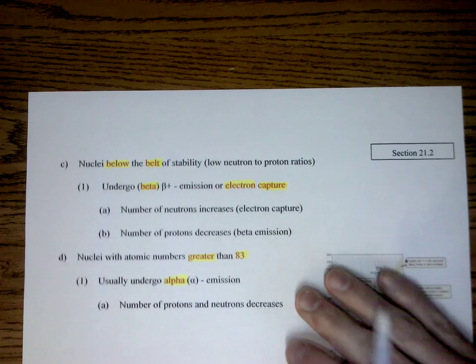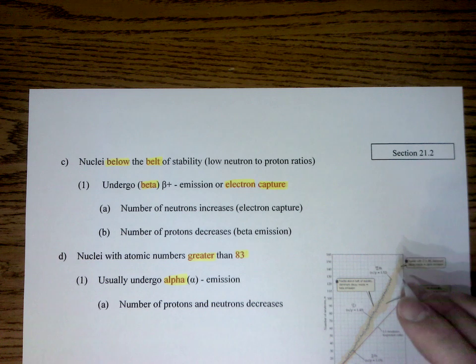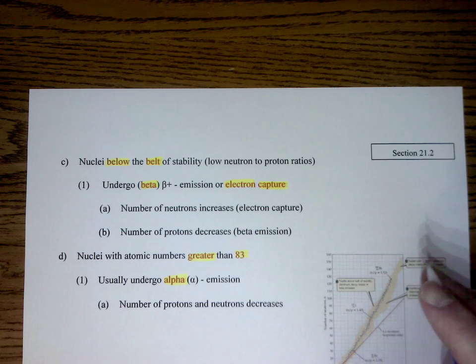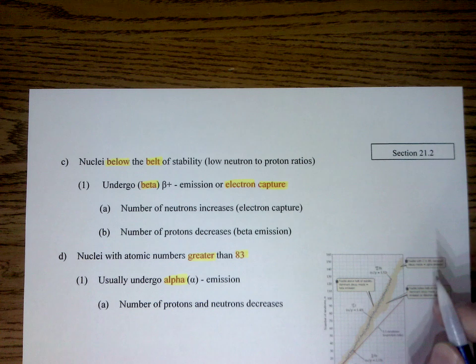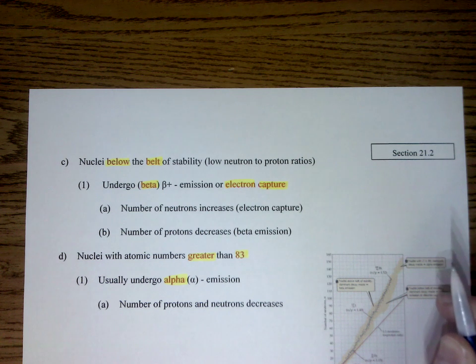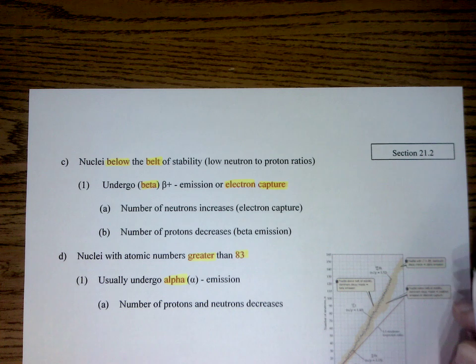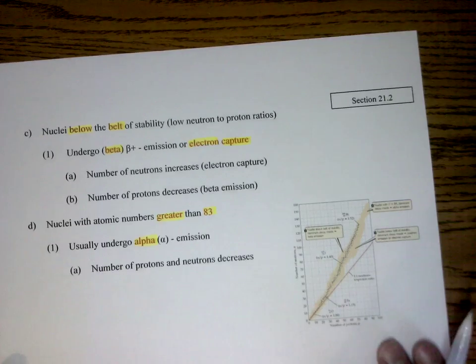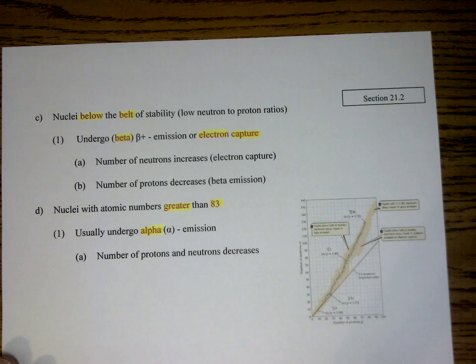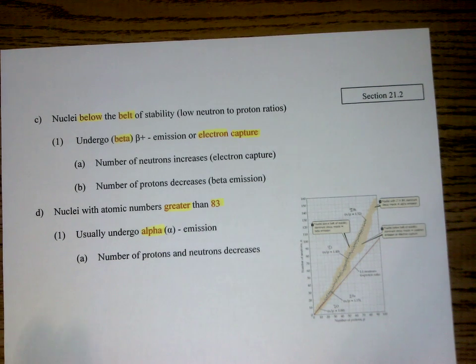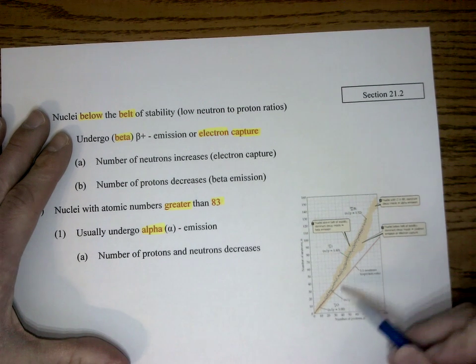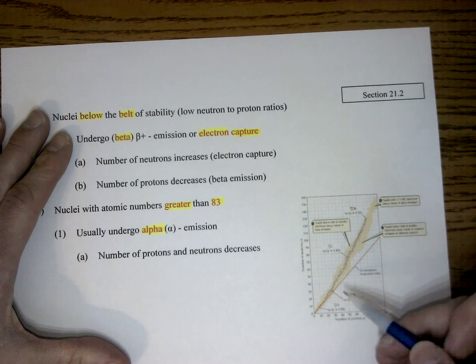If we're below the belt of stability, we're going to undergo that electron capture. Okay? So here's the belt of stability. And again, I don't expect you to memorize this. I just want you to have an understanding why certain nuclear radiation happens compared to others. The belt of stability is this yellow line here.